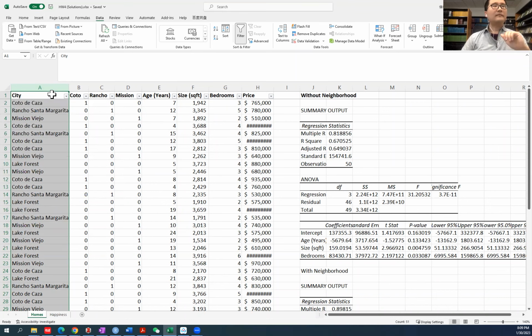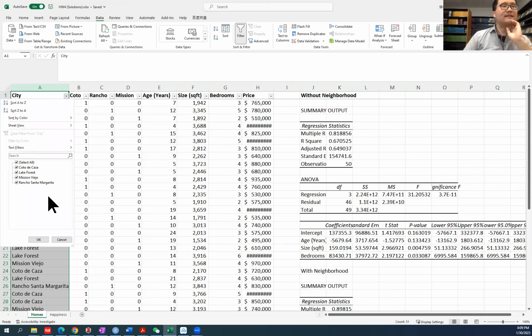Here, among these 4 cities, I'm mostly familiar with Lake Forest. So I would be interested in the difference between all the other cities from Lake Forest. So I would choose Lake Forest as the reference group.